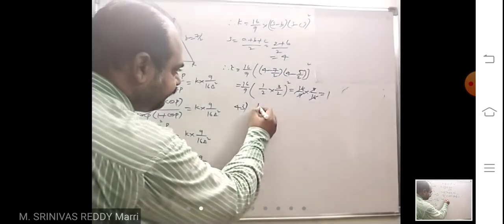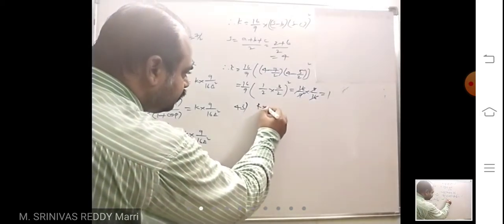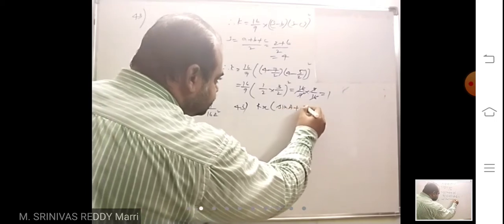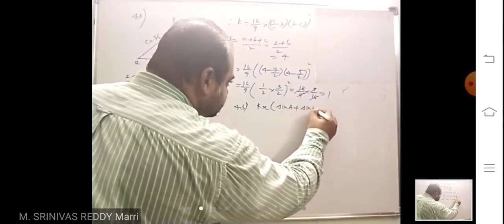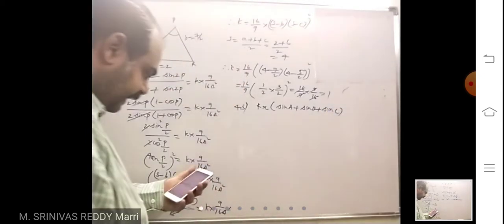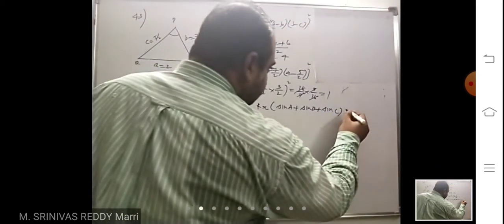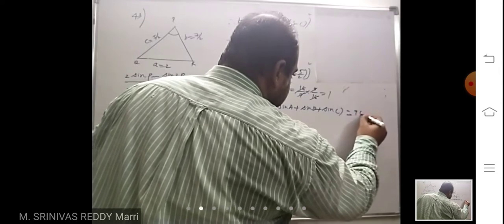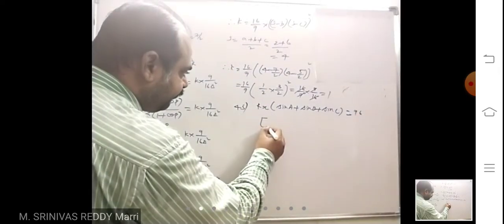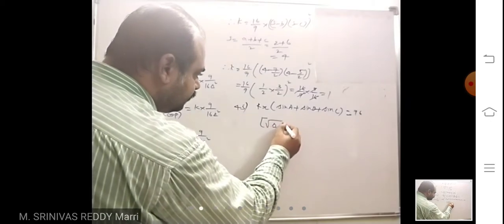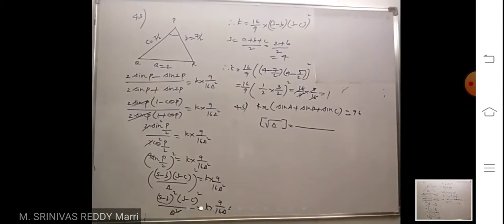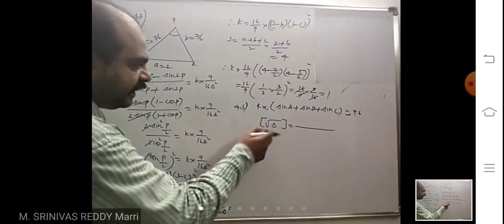In triangle ABC given, capital R into small r into sine A plus sine B plus sine C equal to 96. Square root of delta equal to dash. Right? So look at here. First we will find what is delta.